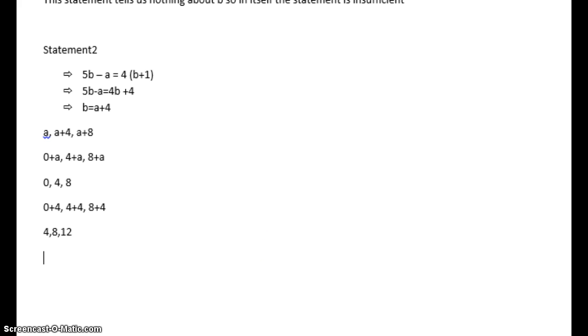This is precisely what the question is asking us. So both the statements taken together are sufficient to answer the question, but each statement alone is insufficient. So the correct answer is C.